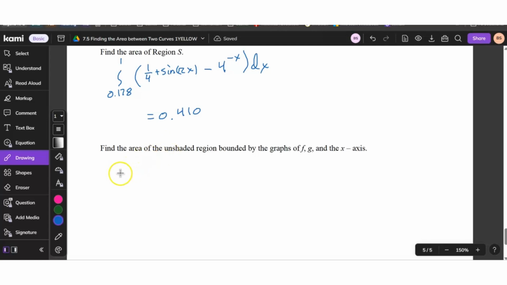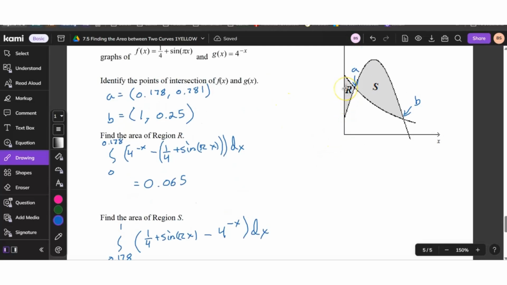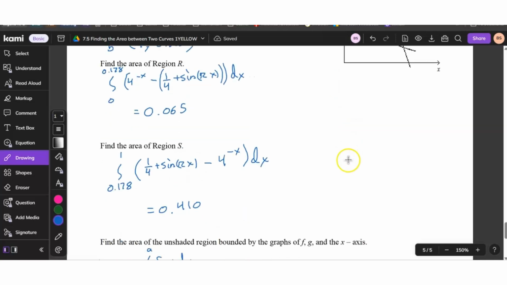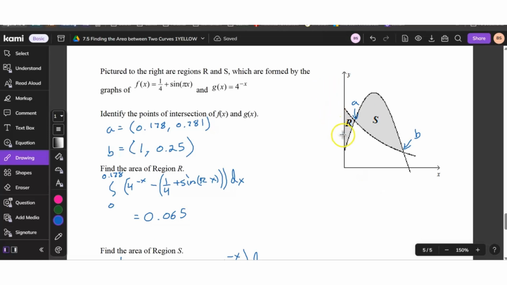So for now, it's pretty easy to think about, okay, the total area is just going to be that integral from 0 to a, right? That first point, it was just the first function, f(x) dx, I think, wasn't it? No, wait. No, this one was g(x) minus f(x), sorry. No, wait, it says the unshaded region, so it's actually even different.